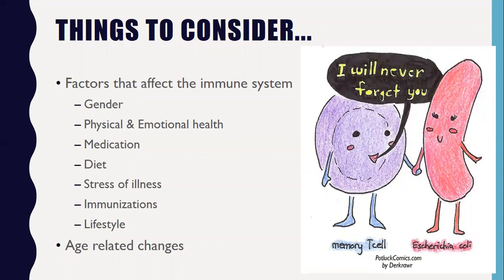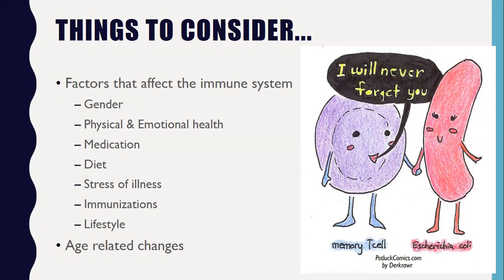So let's talk about factors that may affect the immune system. First up, gender. What we know is that women are at greater risk for autoimmune disorders. And remember, an autoimmune disorder is where your body is going through that self, non-self recognition. Do you belong here?